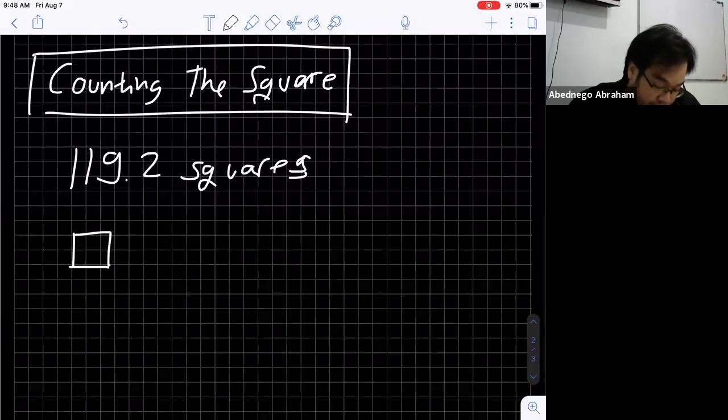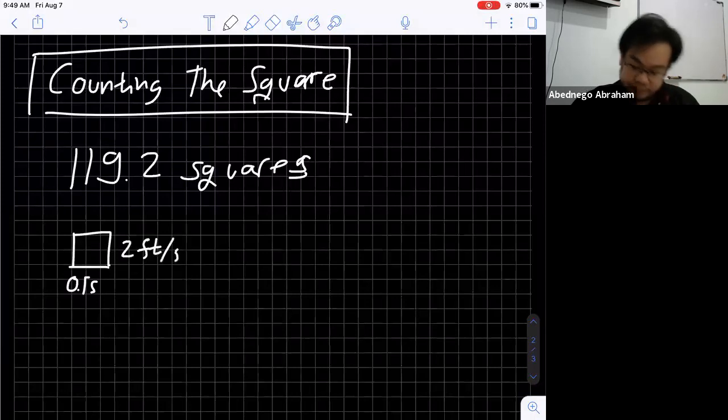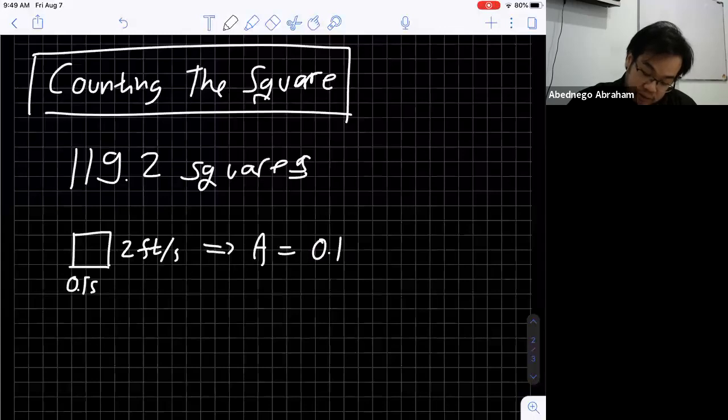For example, 1 unit of the x-axis is 0.1 seconds, right? And 1 unit in the y direction is 2 feet per second. So the area of a small square here represents 0.1 times 2, which is 0.2 feet.